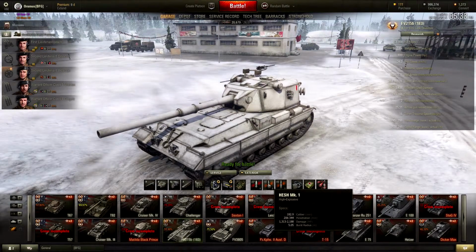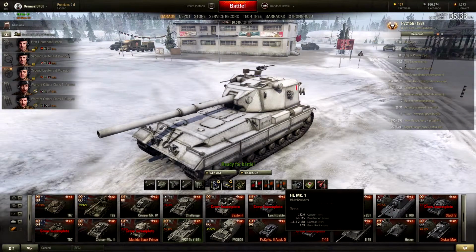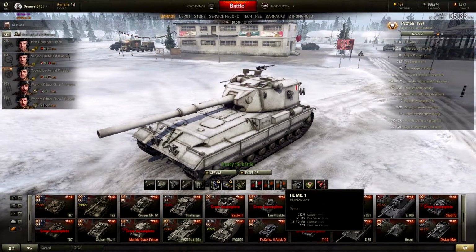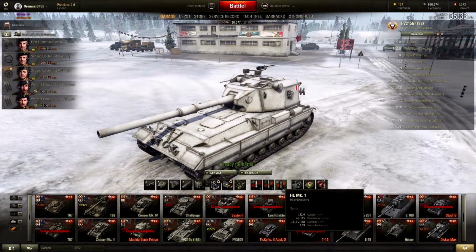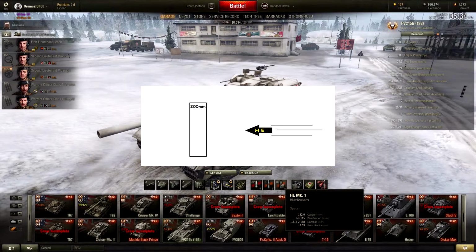And the way that works is, with an HE shell, if you hit a tank, then HE has penetration just like AP or APCR. As we can see here, the penetration is between 69 and 115. We'll use the number 100 just because it's nice and easy and round. So let's say you roll a 100 for the penetration value on this HE shell.